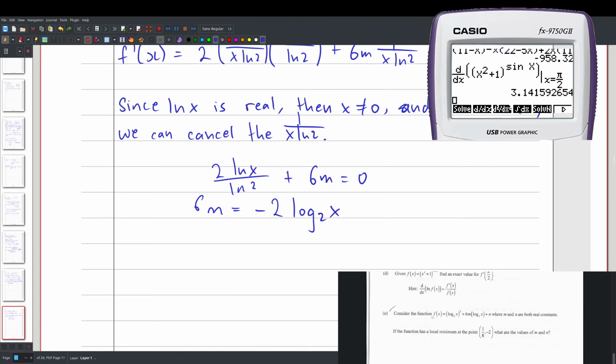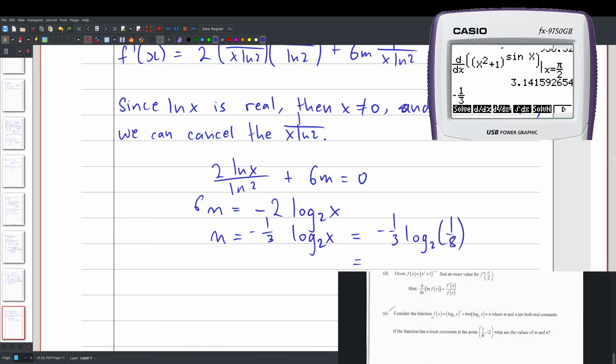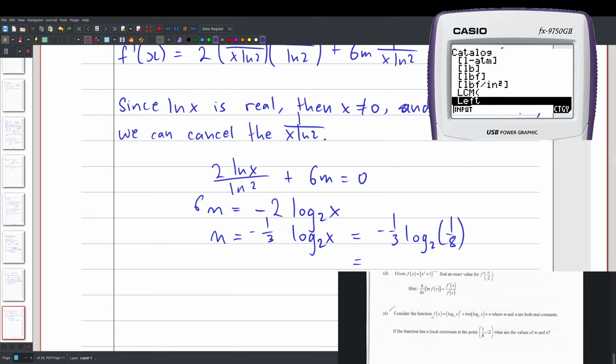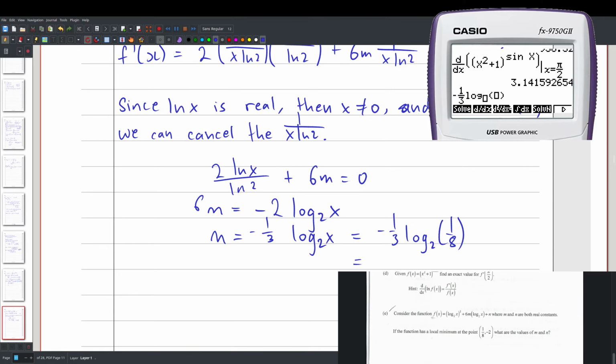So you go m is equal to negative 1 on 3 log 2x, which is equal to negative 1 on 3 log 2 1 on 8. Does this have a log AB function, or do you just do it normally? Log AB, there we go. Log 2 1 on 8, which is just 1. I mean, you can figure that out manually, but it's easier to just let the calculator do it.